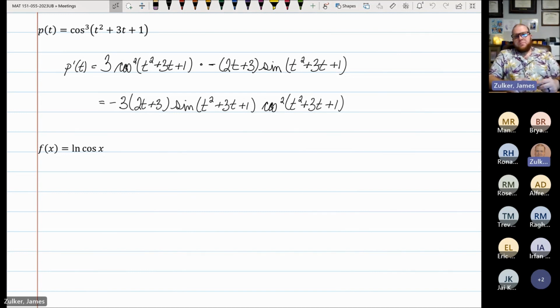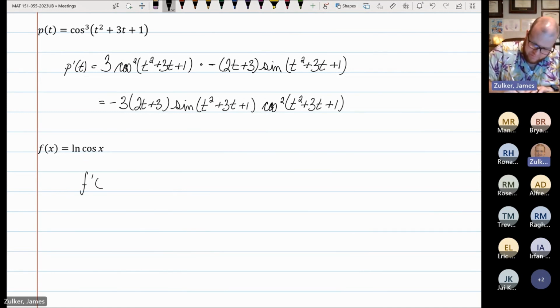So let's start putting now some logarithmic and exponential functions in with trigonometric functions. Logarithmic, natural log, is u prime over u.